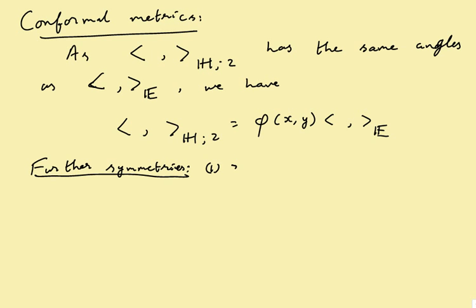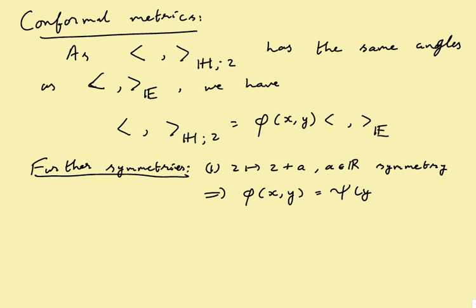First of all, z goes to z plus a, a in R, symmetry implies phi of x,y is in fact only a function of y.